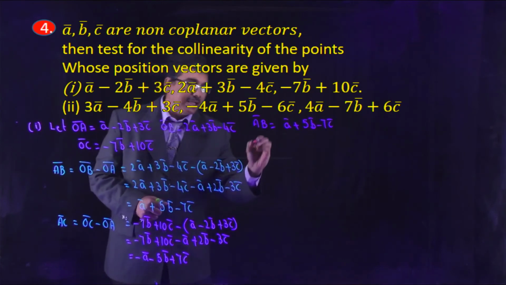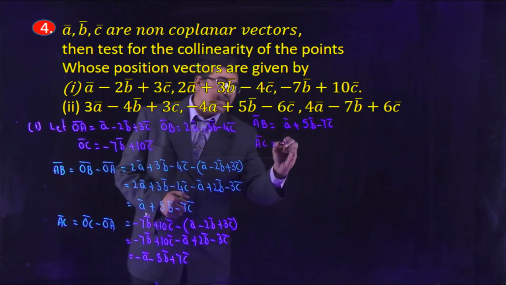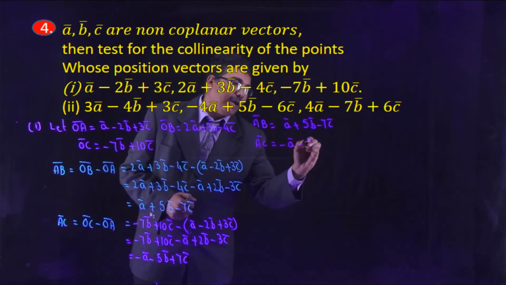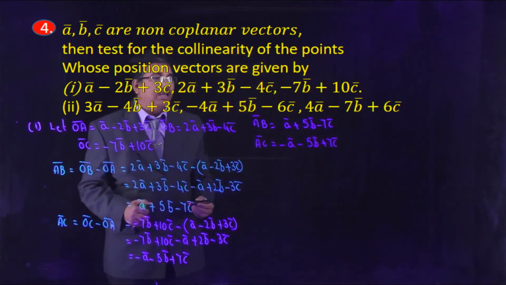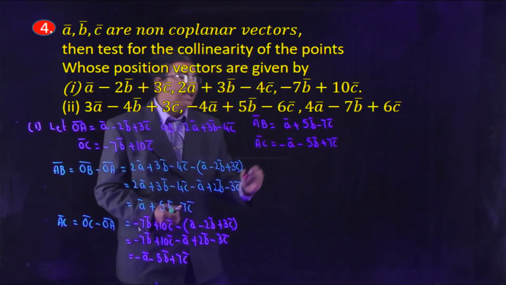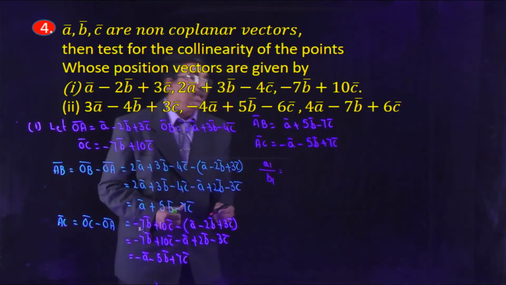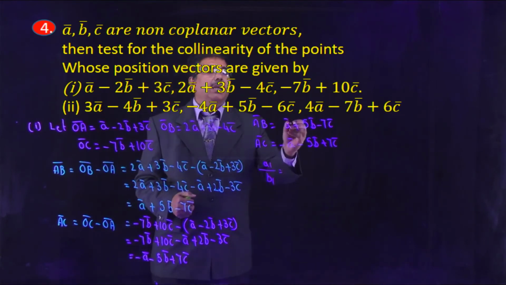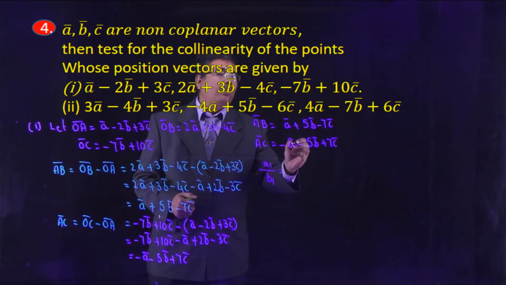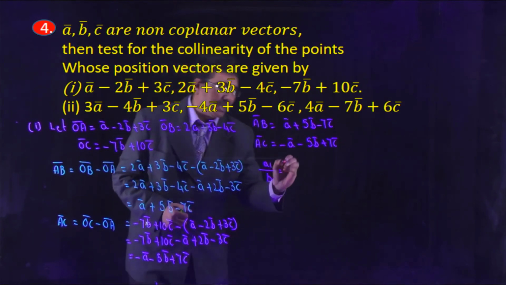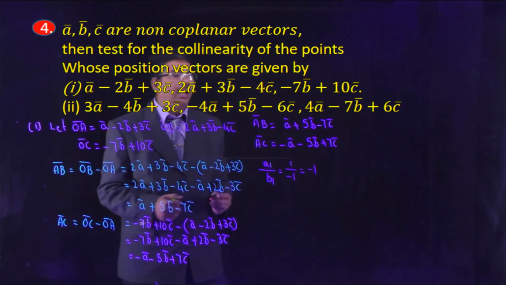AC bar is equal to minus A bar minus 5B bar plus 7C bar, right? Now A1 by B1 means the coefficient of A bar in this vector by the coefficient of A bar in this vector. This is 1 by minus 1, that is equal to minus 1.